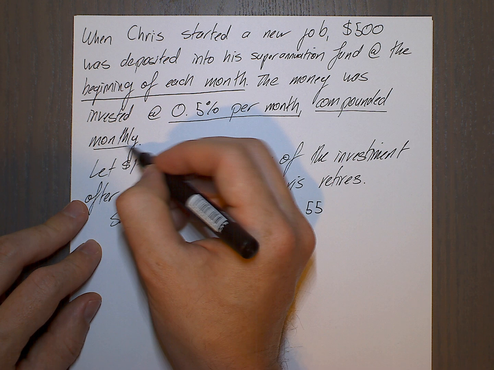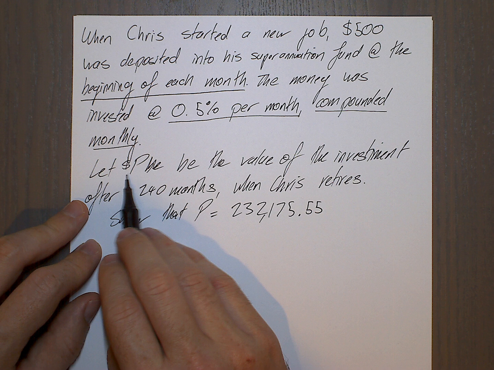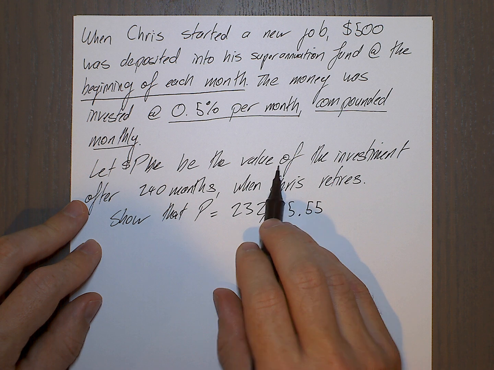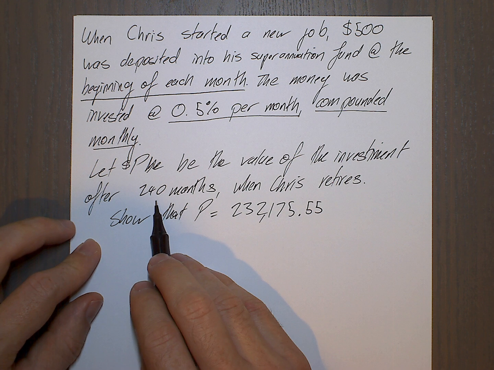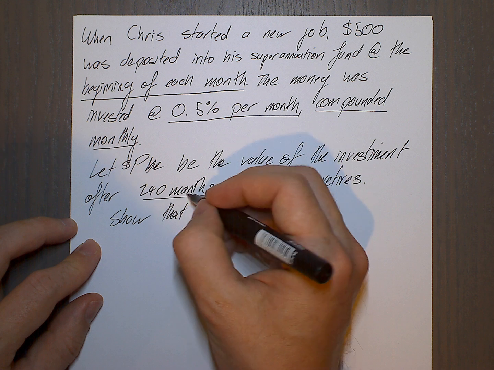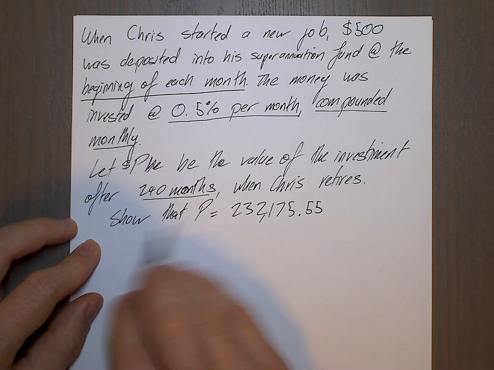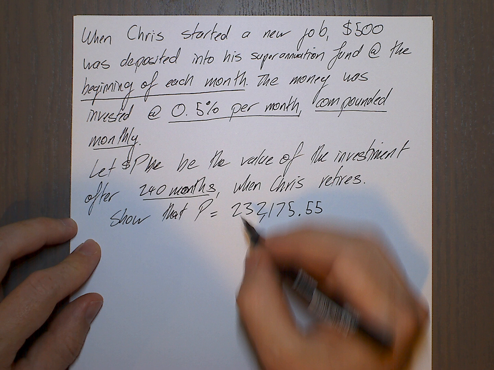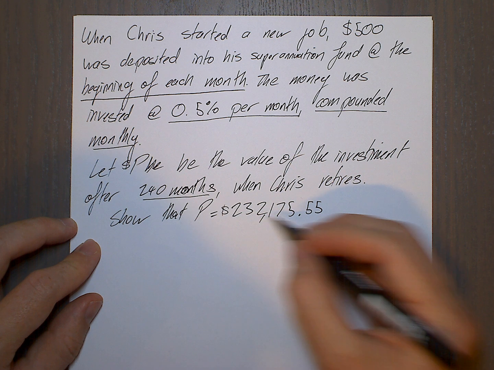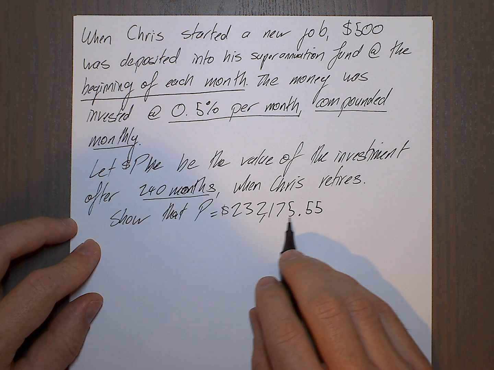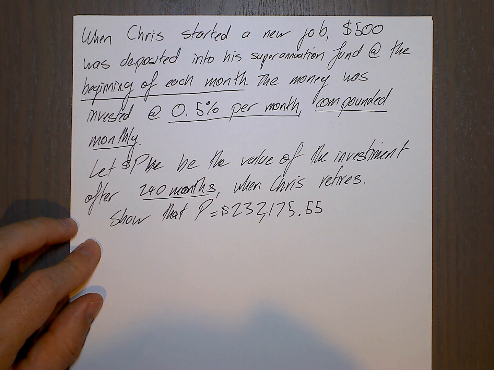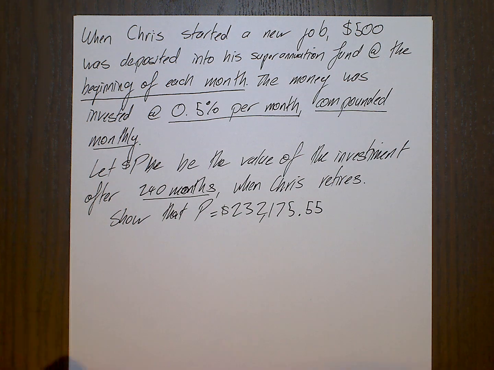Beautiful. So they've done the work for us there. Let P dollars be the value of the investment after 240 months when Chris retires. Show that P is $232,175.55.